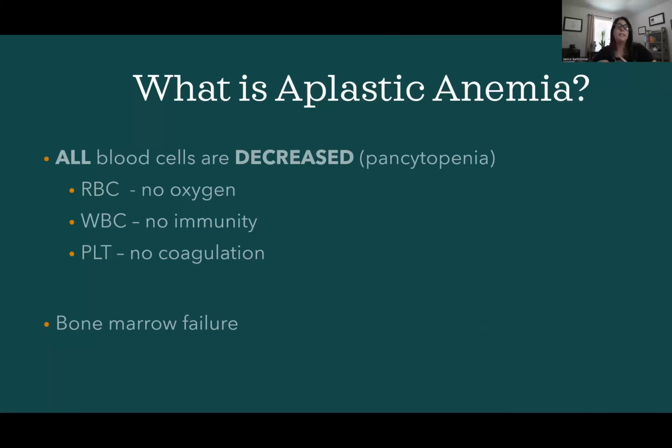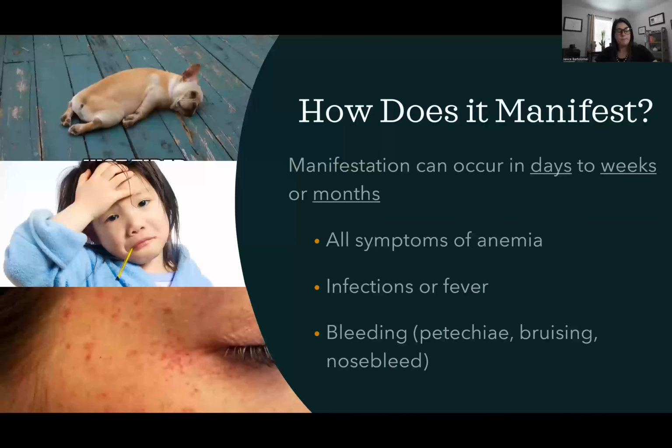So it's a decrease in all of your blood cells. We call this pancytopenia. And basically, you have a problem with the oxygen, your immunity, and coagulation. And we have a problem in the bone marrow. The bone marrow, it's bad, okay? And it's not functioning accordingly.